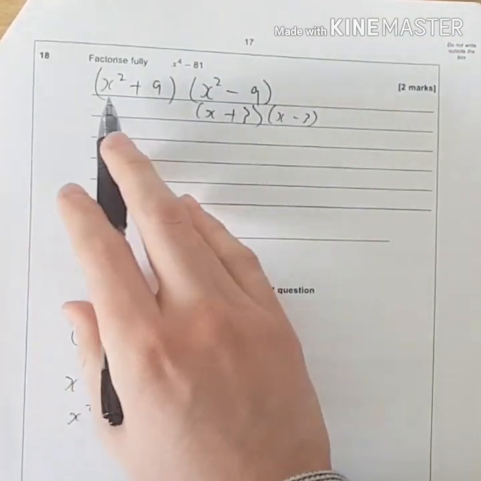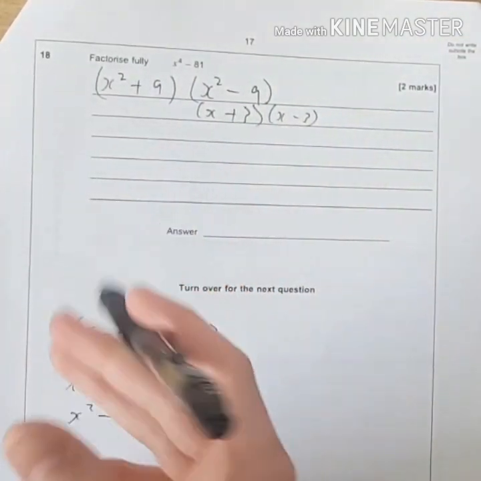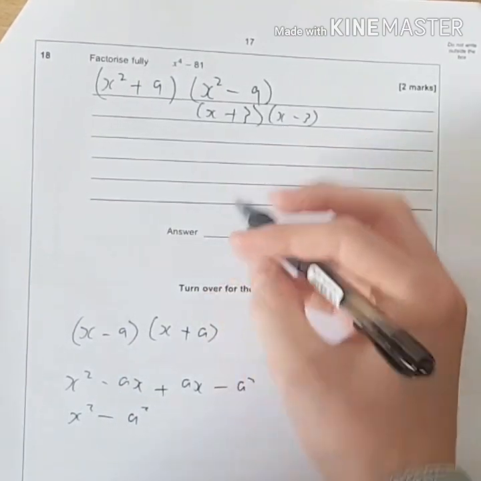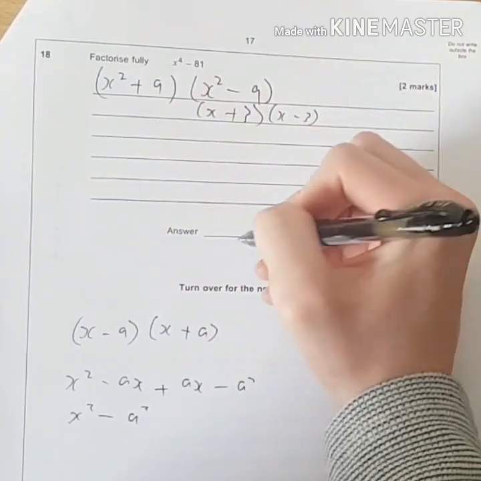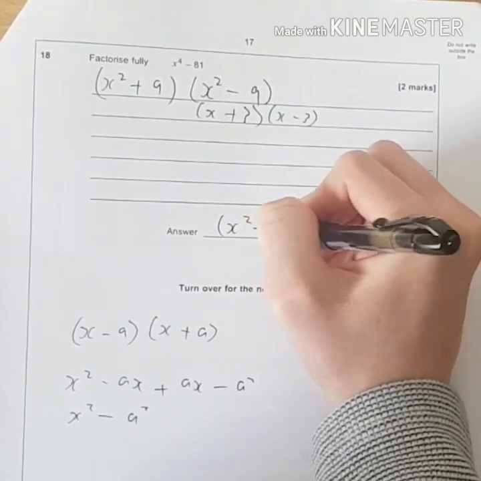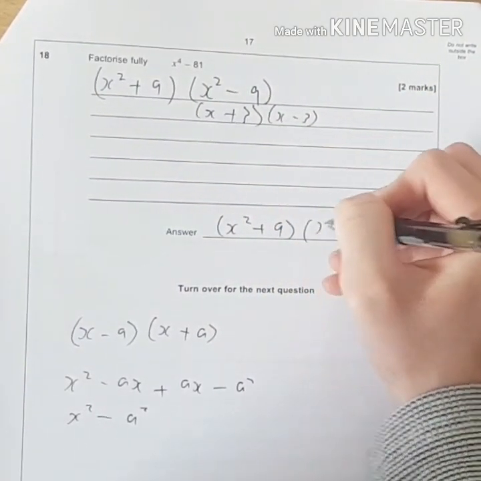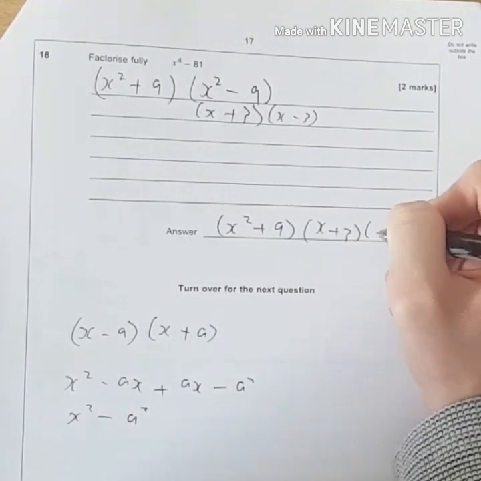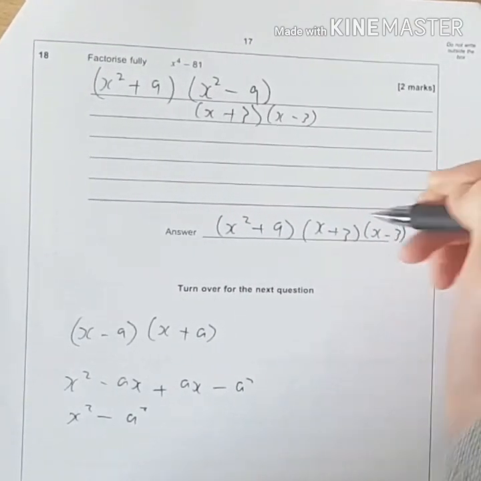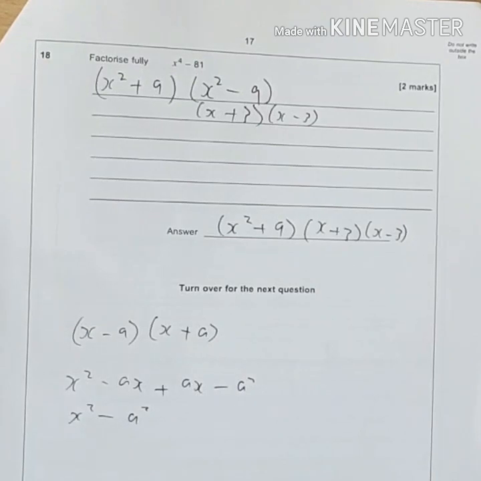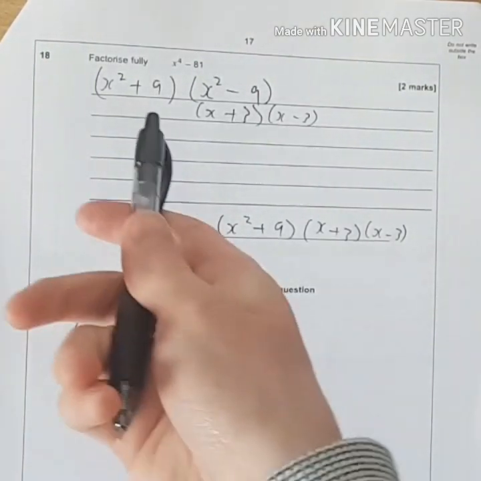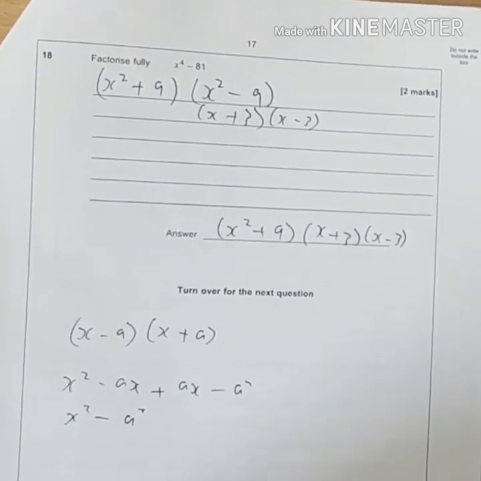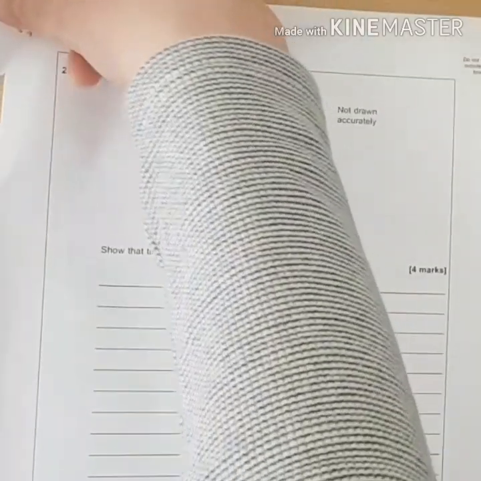Overall, we have x squared plus 9, x plus 3, and x minus 3 as our fully factorized expression. You can expand this yourself and you'll find that it equates to that. So yes, that was cool.